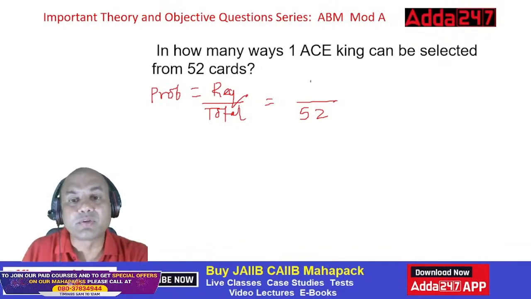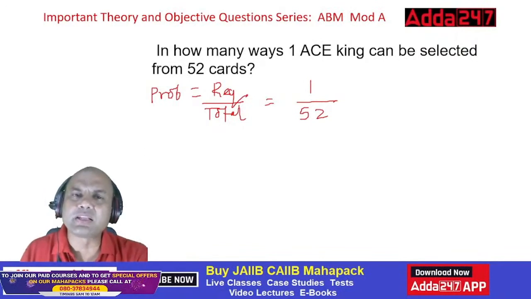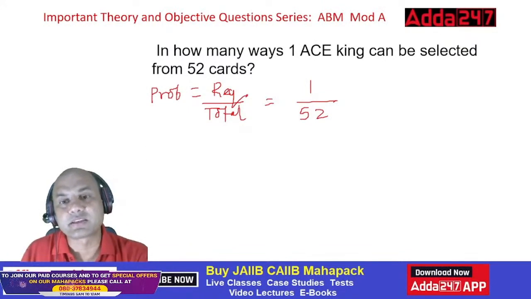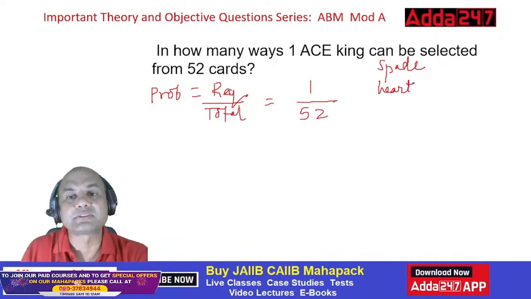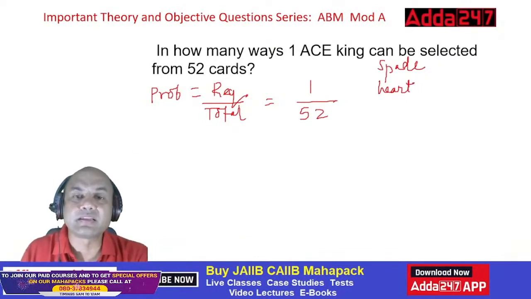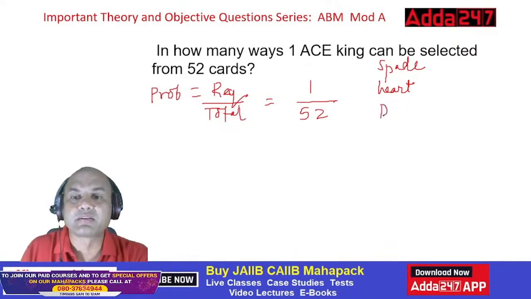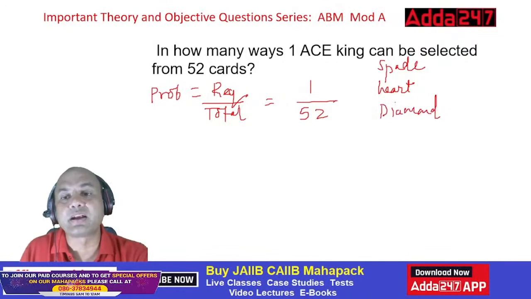It's only one, right? How many types of cards are there? We know all these in our Hindi language or our Marathi language or our local language. But in English, how many types of cards are there? Spade. Then heart. Then diamond.